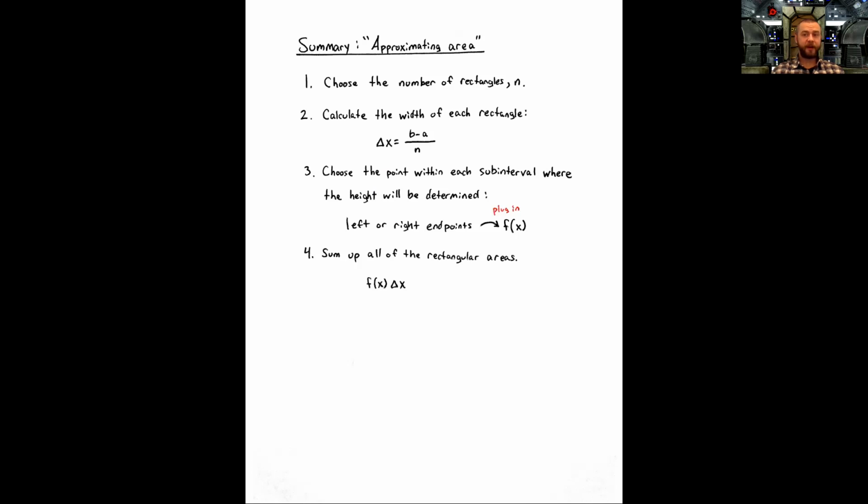Now, the function values by themselves, f of x, aren't enough to answer the question. f of x only represents the height. We have to multiply each height at a certain right or left endpoint by the width, delta x. So we multiply height by width and then sum up all of those rectangular areas. And with certain examples, a small number of rectangles gives a somewhat accurate approximation.